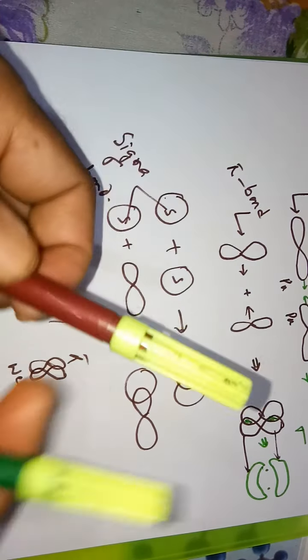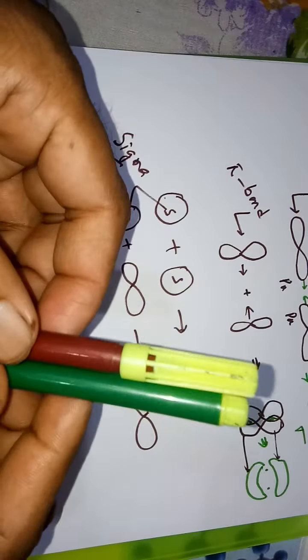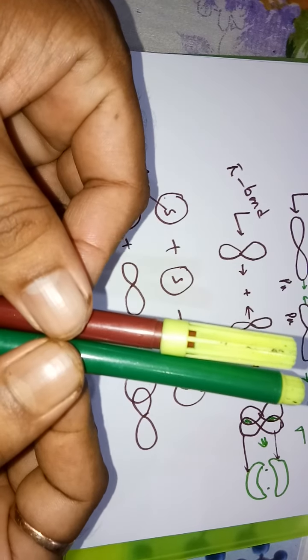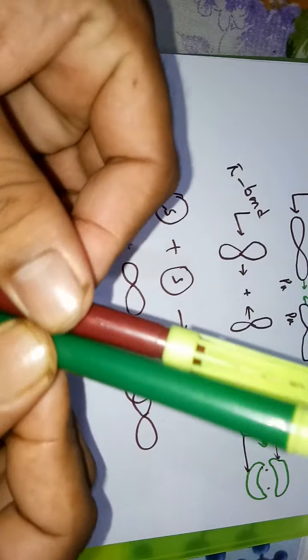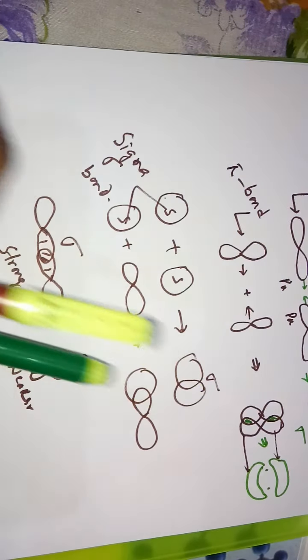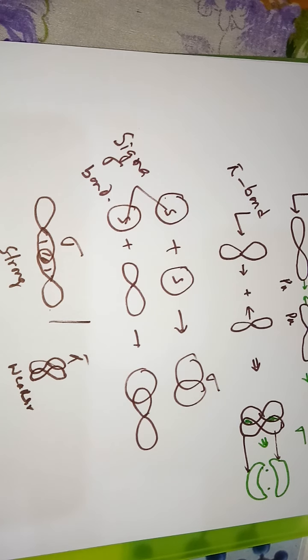But if you have a pi bond like that, and you rotate in the reverse direction, that one breaks down. Pi bonds will break down if you rotate them, so pi bonds are weaker and sigma bonds are stronger. These points about pi bond and sigma bond are required to remember.